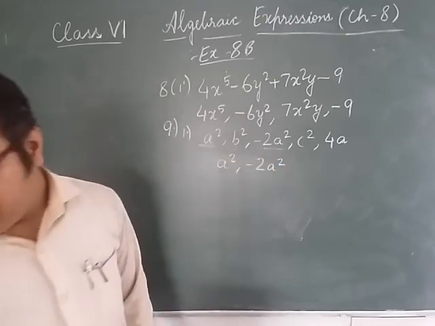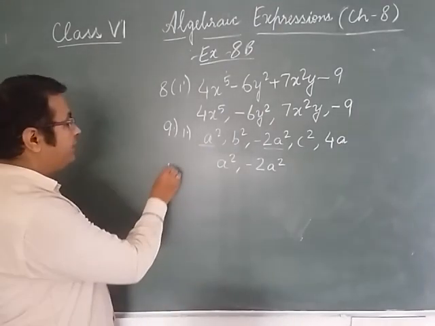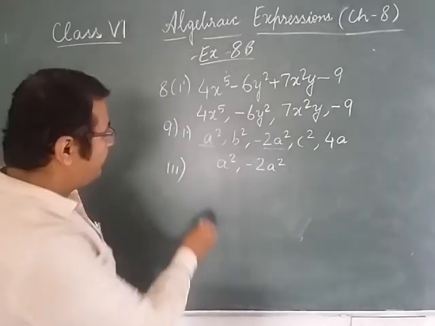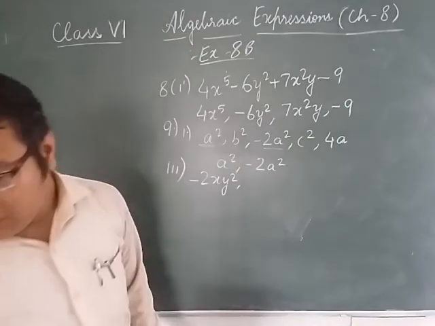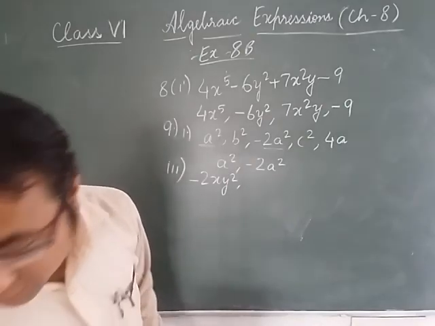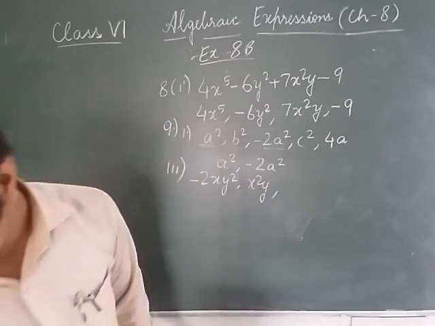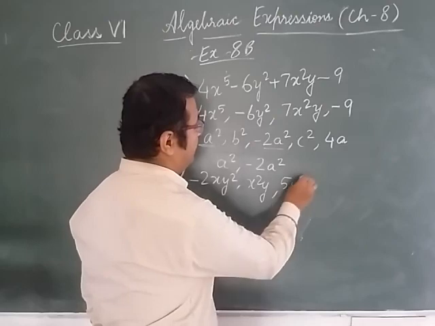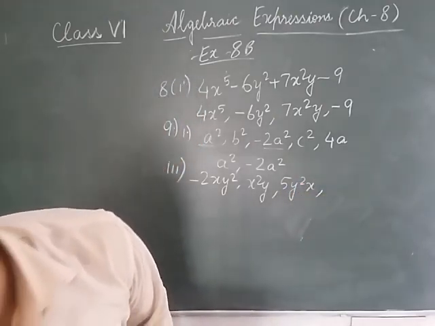Let us quickly see one more part. In this question, third part. The question is minus 2xy square, x square y, 5y square x and then x square z.